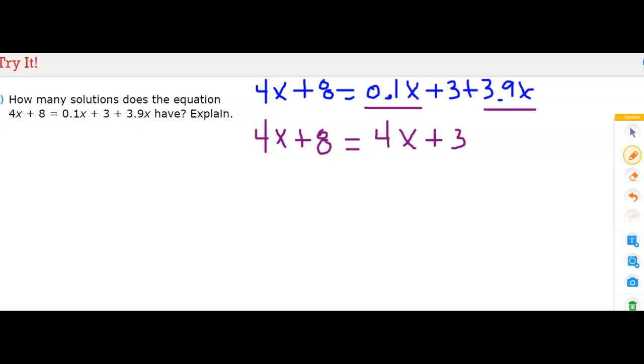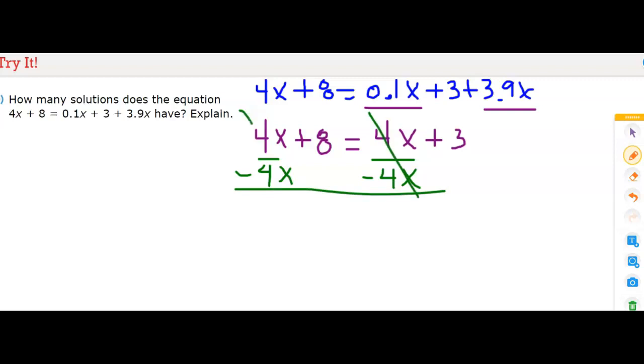Now I'm going to move parts of terms to one side or the other. I'm going to move my x value. So I'm going to subtract the 4 times x on both sides.